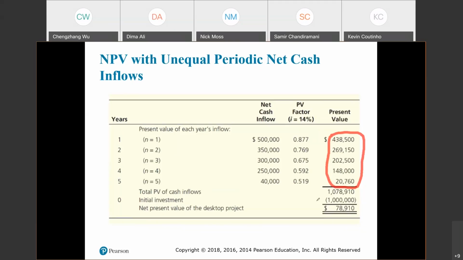And then minus initial investment, which is $1 million. You get the NPV for the desktop project. $78,910, which is still a positive number.